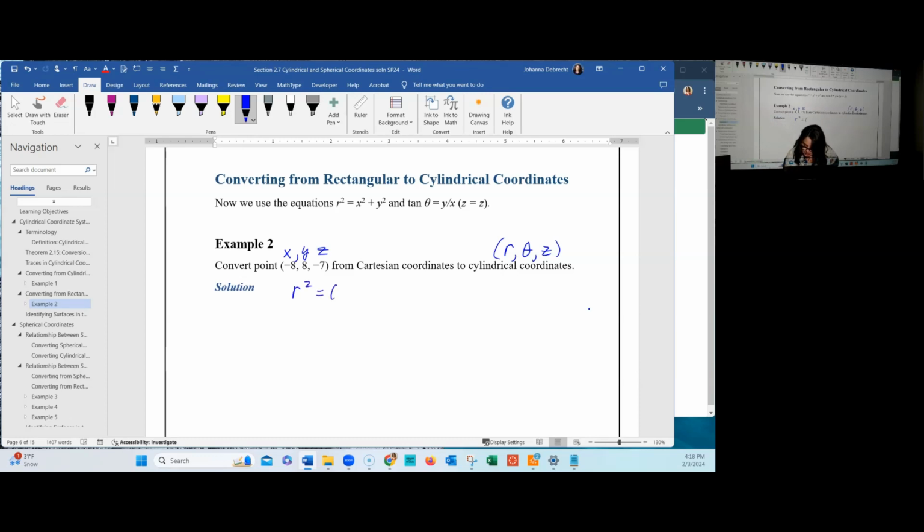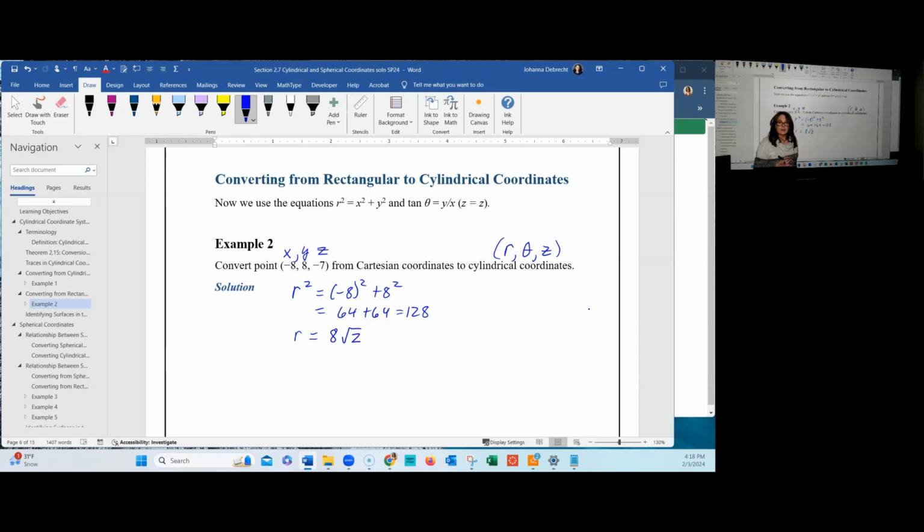So this is -8 squared plus 8 squared, which gives me 64 plus 64, or 128. When I apply the square root, r is either the negative root of 128 or the positive root. We typically always take the positive root. So this is going to give me 8 square roots of 2.